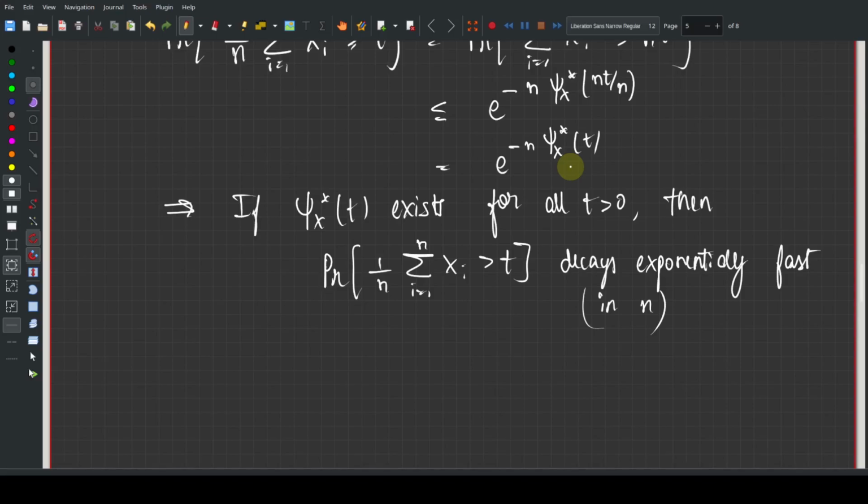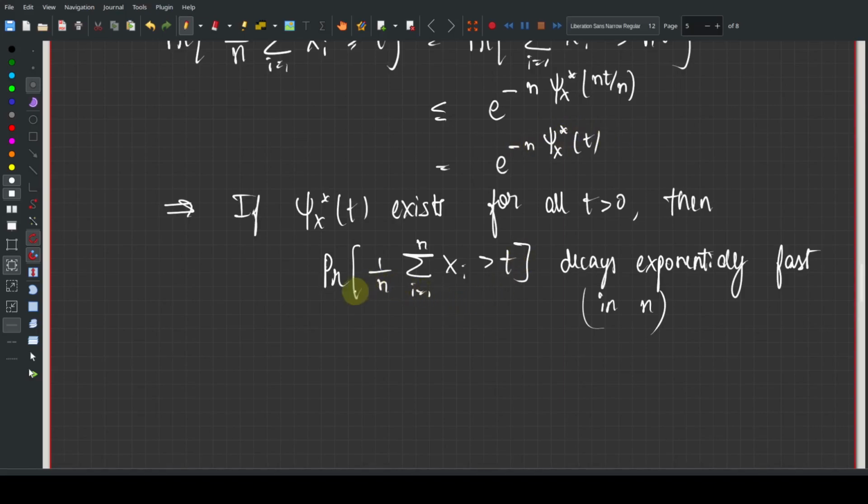So in fact, if the tail bound for a random variable x decays as e to the minus psi x star of t, for the empirical mean, it in fact decays as e to the minus n times psi x star of t, right?